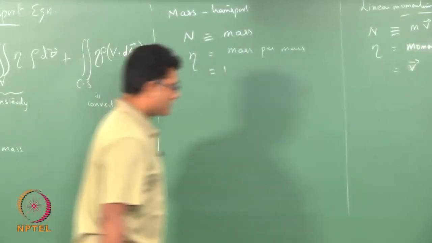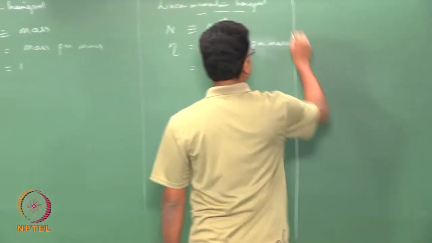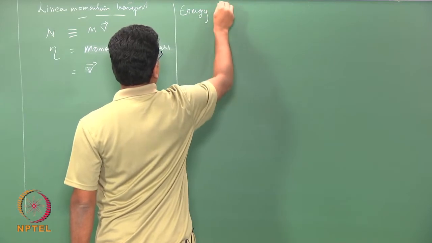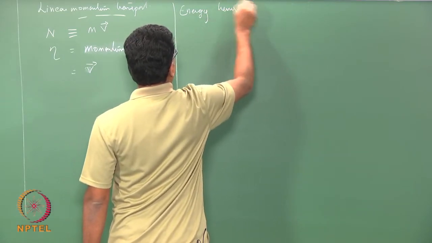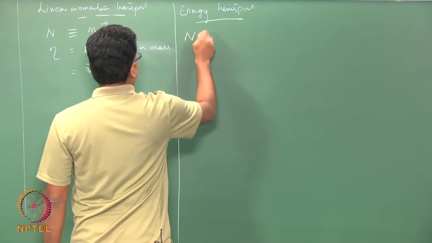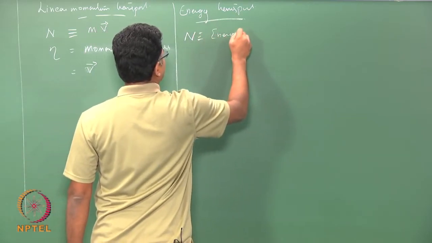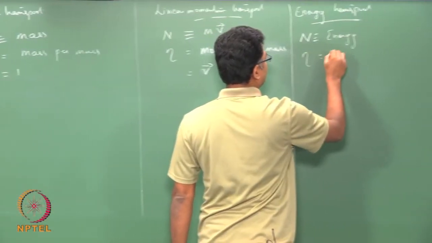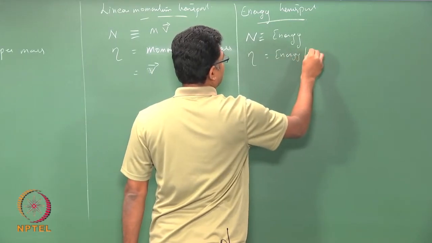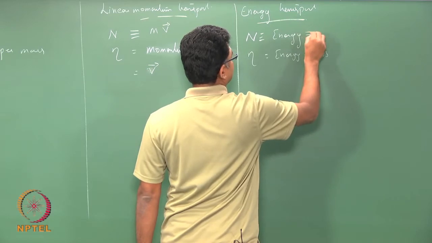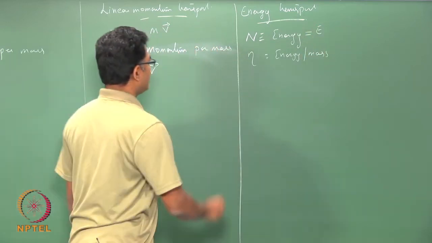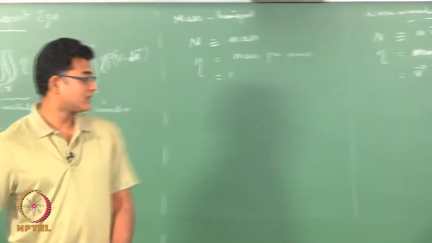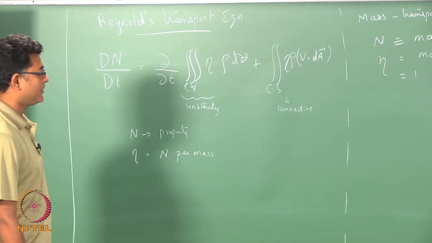Now, if you are trying to find the energy transport, N is the energy, total energy for the entire mass, and eta is per mass. So, this is indicated by capital E and per mass is indicated by small e. We will discuss what exactly that is in a few minutes from now.